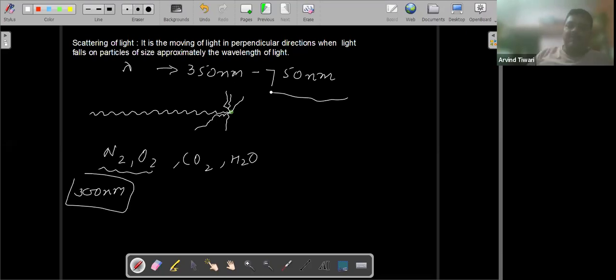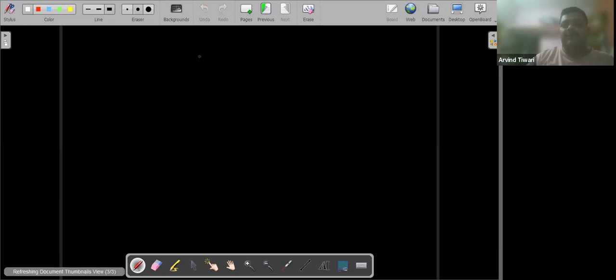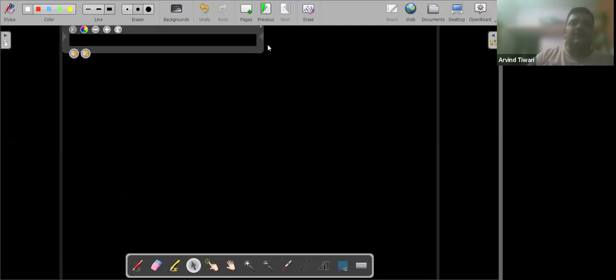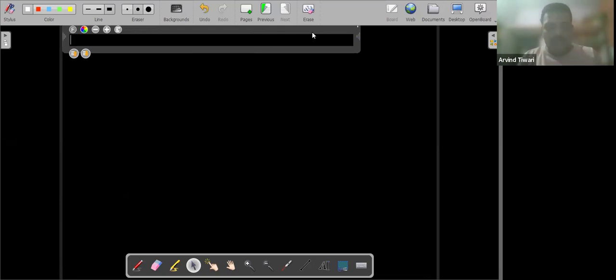Okay, now after this, today we had to do the phenomenon of atmospheric refraction. This was also something we had discussed in the last class. Atmospheric refraction we haven't discussed. So let's start with atmospheric refraction. As the name suggests, atmospheric refraction means refraction through the Earth's atmosphere.